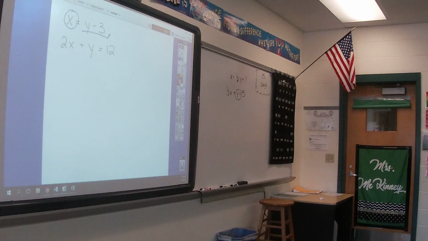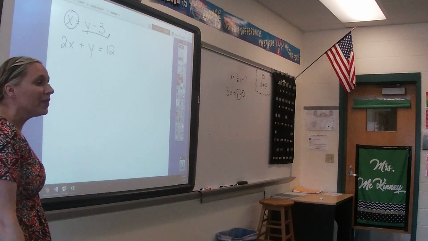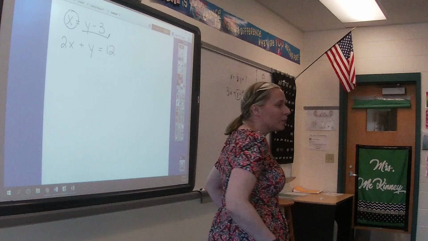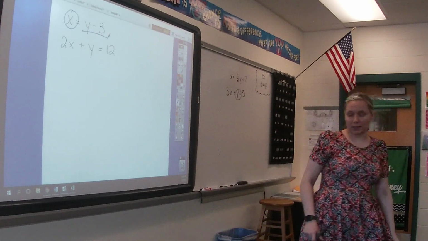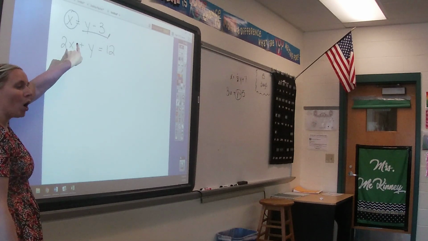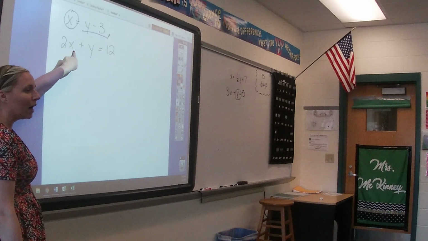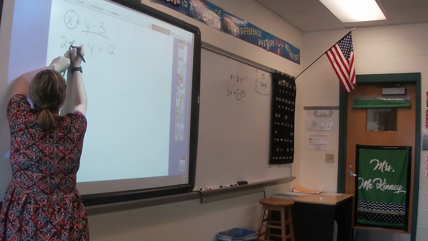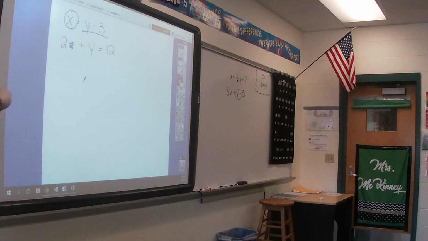Step 3 says to cross out the letter that we circled in the other equation. So what letter did we circle? X. So we're going to the other equation. And the only thing that we can cross out is the letter that we circled. No numbers, no signs.